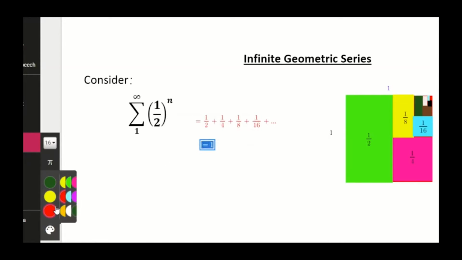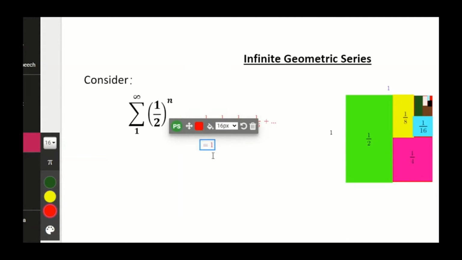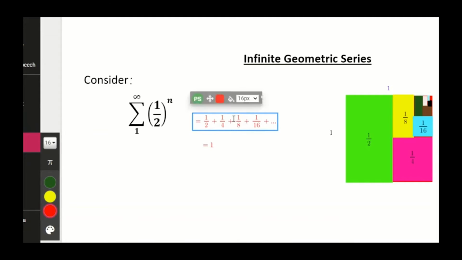I do not think that that is very intuitive, to add up an infinite number of positive values and be left with a finite result. I think that can kind of hurt your brain a little bit. But it should make sense.